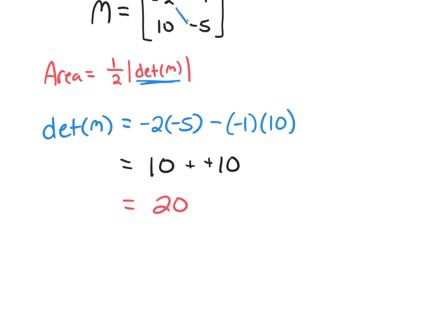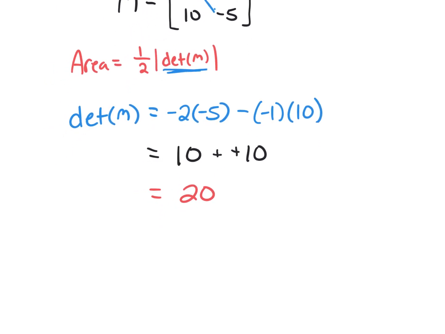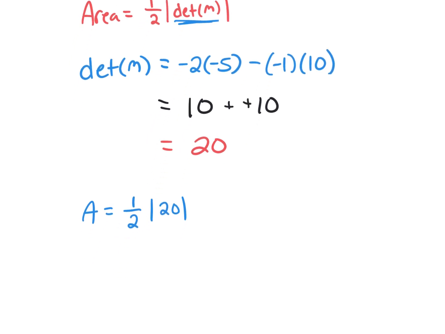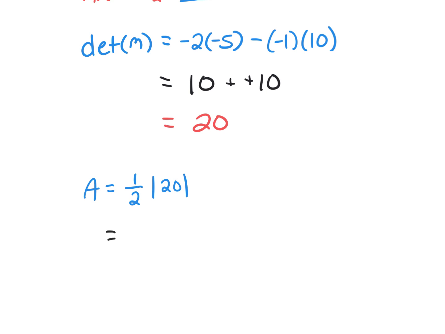So now, since we know what that is, we can go ahead and plug in to our formula. So we have area, I could just put A, equals 1/2 times the absolute value of our determinant, which is 20. What is the absolute value of 20? Yep, stays 20. Now, just take 1/2 times 20. What's half of 20? 10. So our area of that triangle from the vectors is 10.